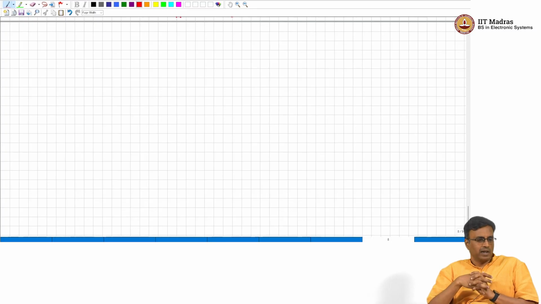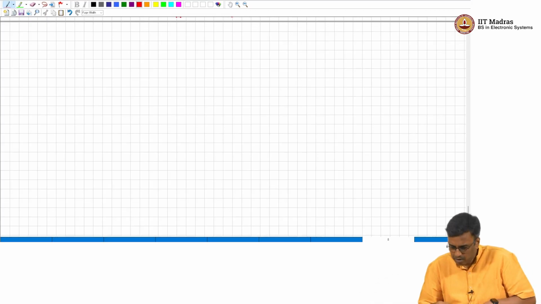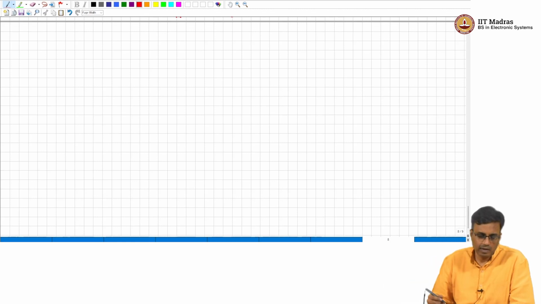Some of the circuits we derived from scratch, namely the non-inverting amplifier, the transimpedance amplifier, the inverting amplifier and the summing amplifier. And so, let's now start to look.